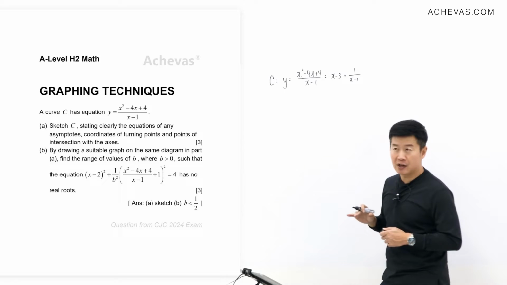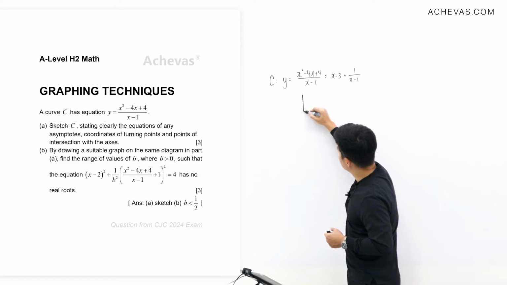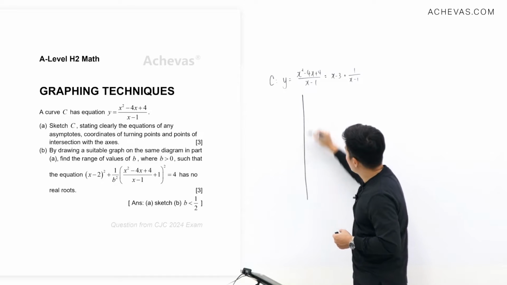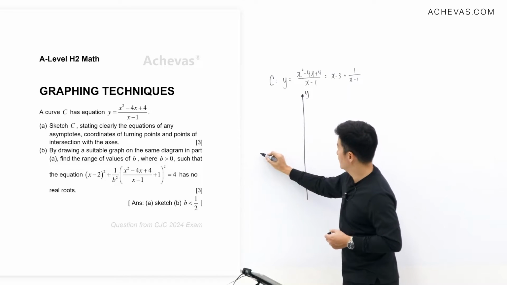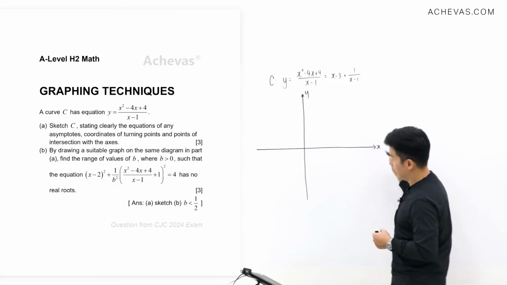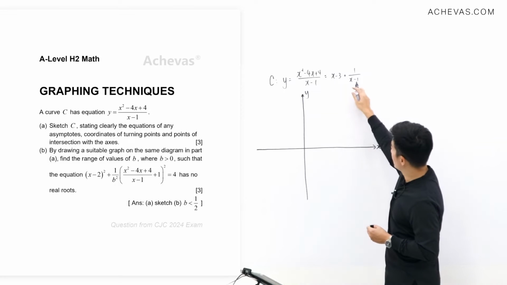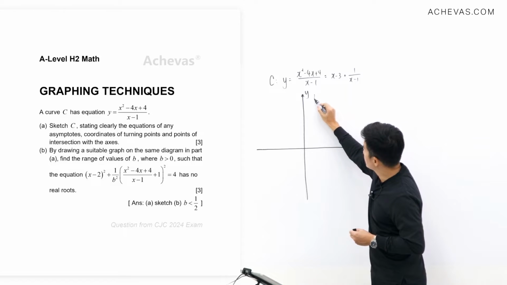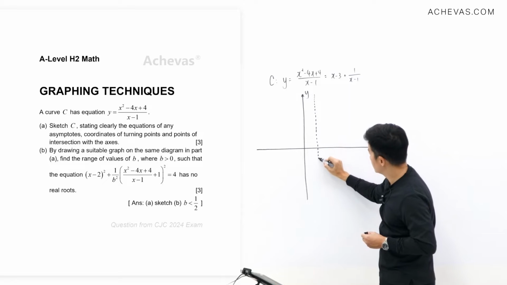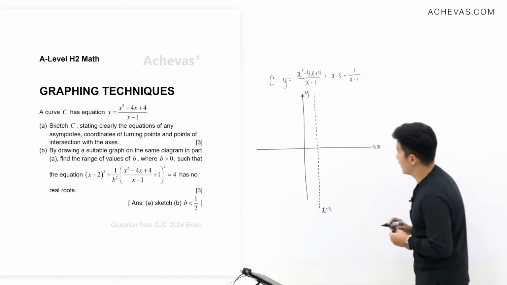Let's do a sketch of the graph based on the asymptotes first. So let's say here we have a y-axis, and this here is my x-axis. Okay, so vertical asymptote x is equal to 1. I am going to sketch it here. So this vertical line here will be x is equal to 1.